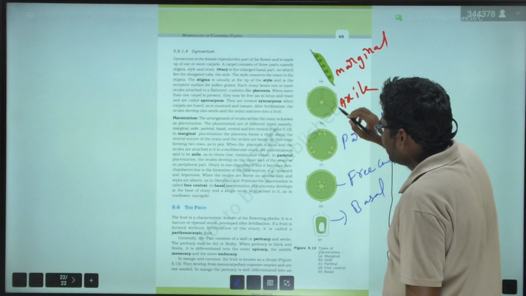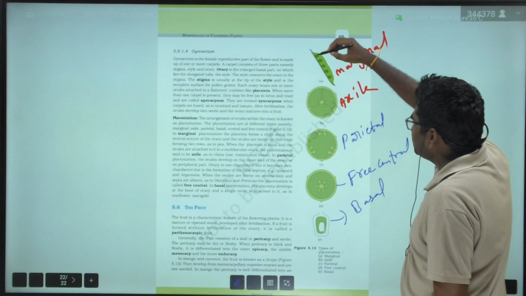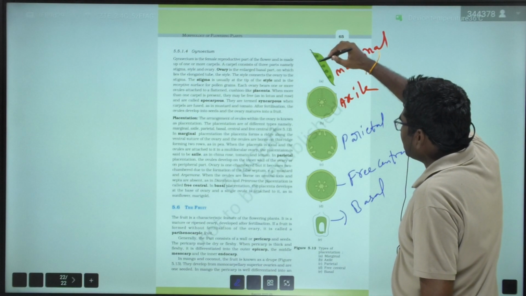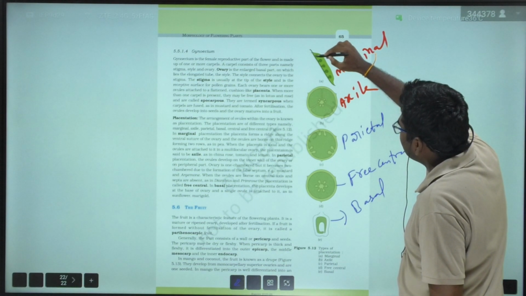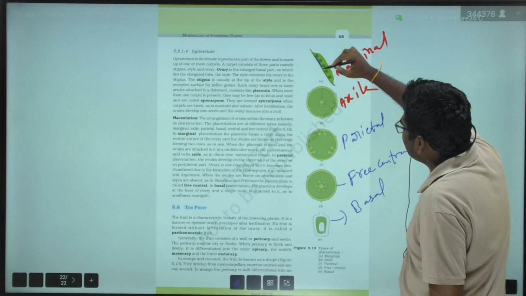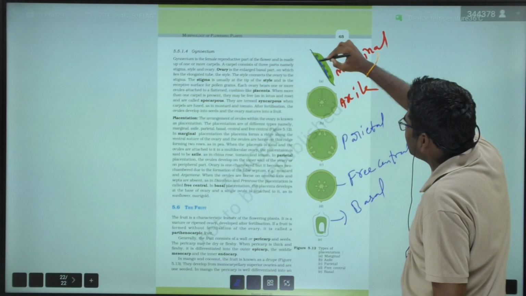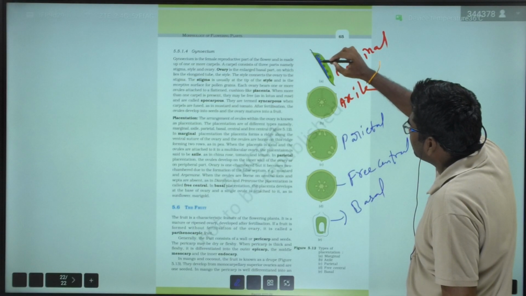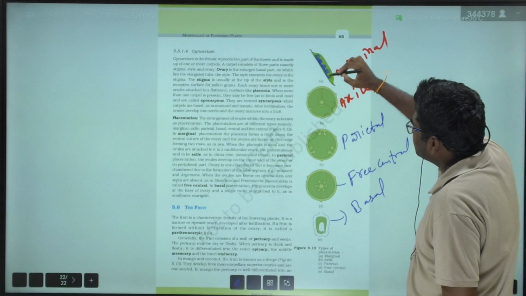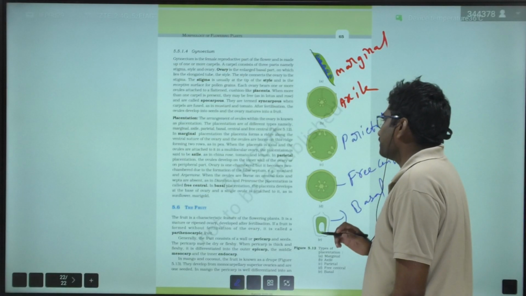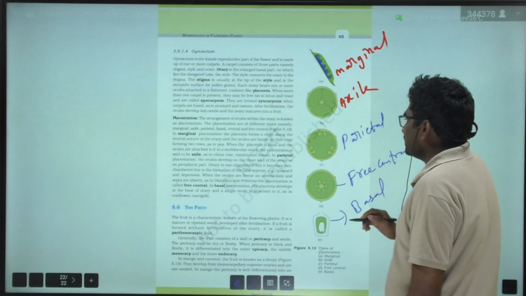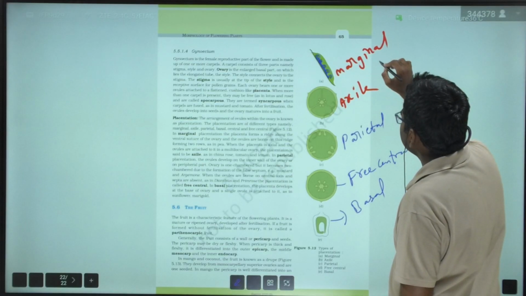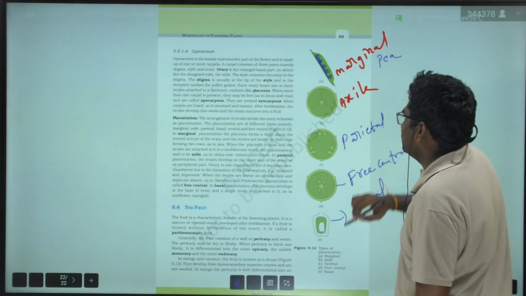In marginal placentation, the placenta forms a ridge along the ventral suture of the ovary, and to this placenta the ovules are borne. The example for marginal placentation is pea.